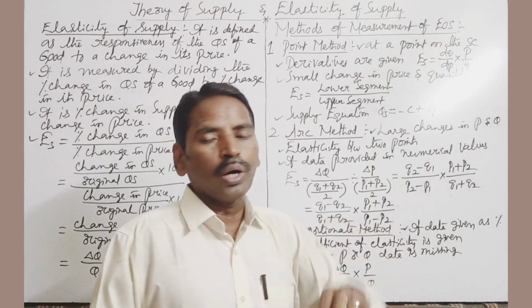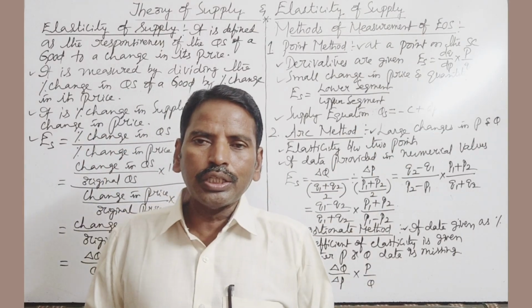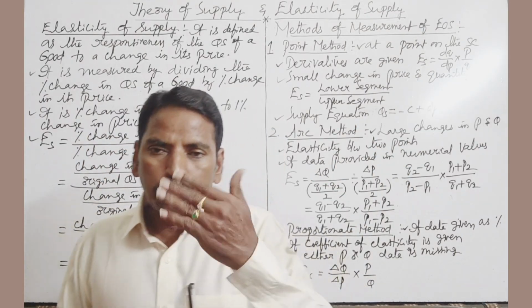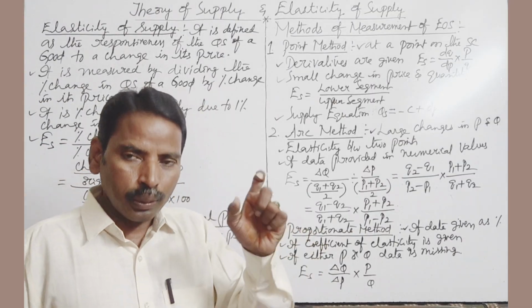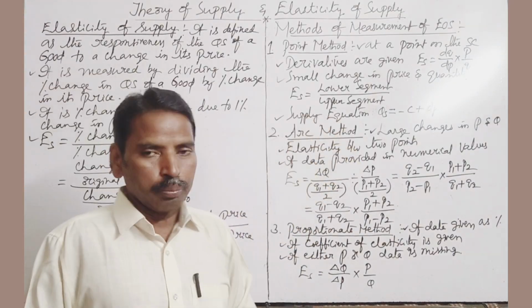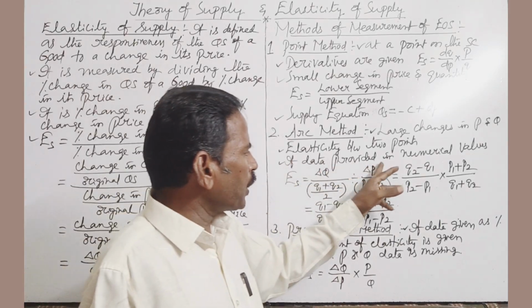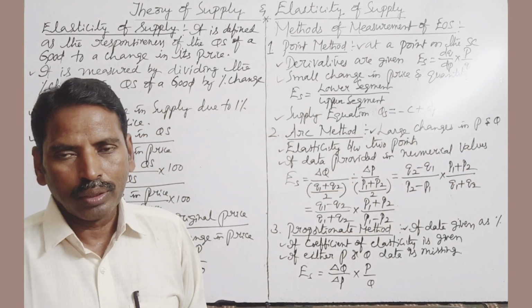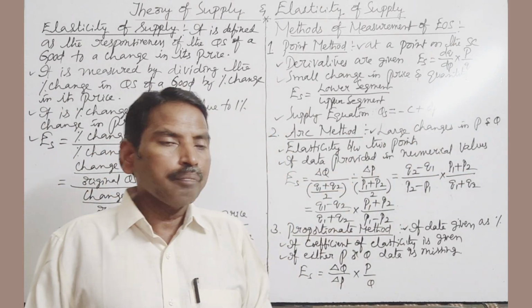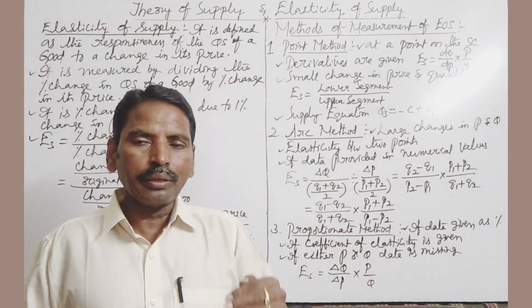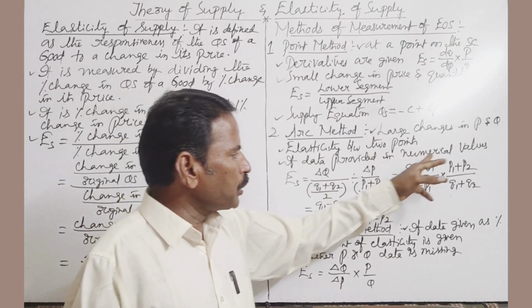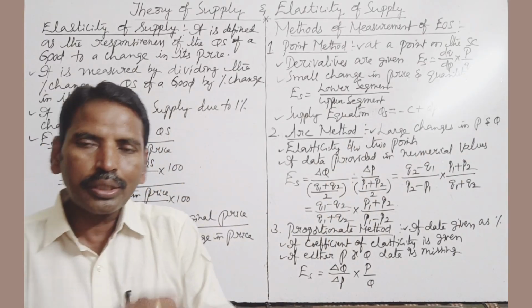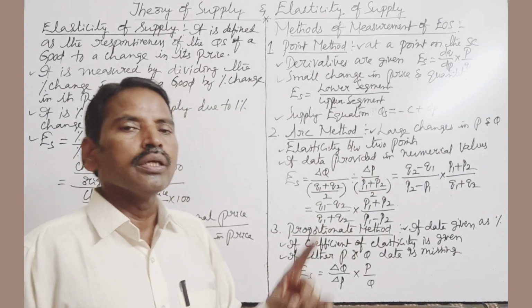Elasticity between 2 points, 2 prices, 2 quantities. If data is provided in numerical values, either price or quantity or both, to measure price elasticity of supply, arc method is applied.